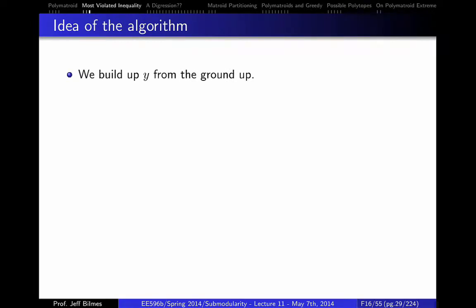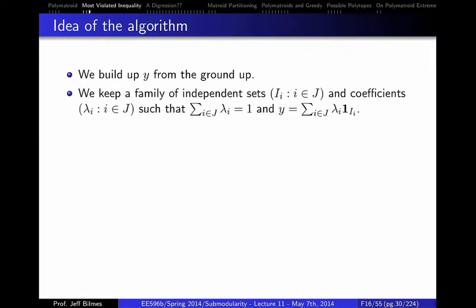The algorithm, which we're not actually going to describe in detail today, I just want to give you the idea of, because all of these other bullet points up at the top of the slides, we're going to need to go through before we get to the details of the algorithm. But here's essentially the essence of the algorithm. We build Y from the ground up, and we keep a set J of independent sets of the matroid.